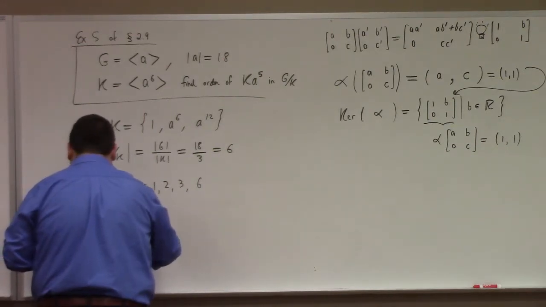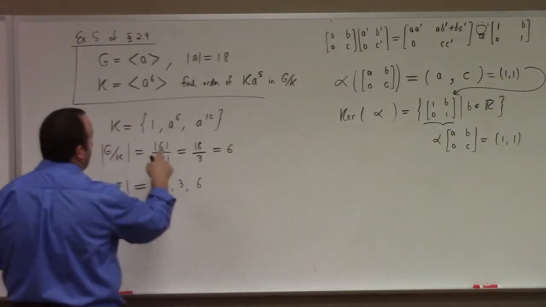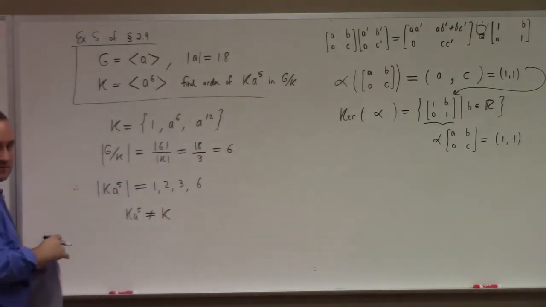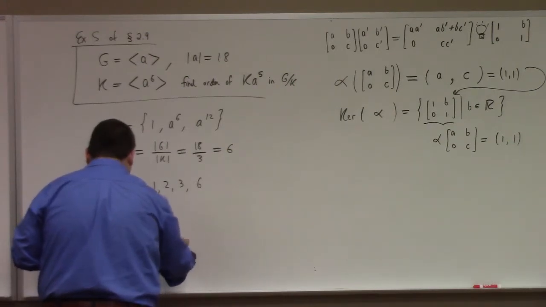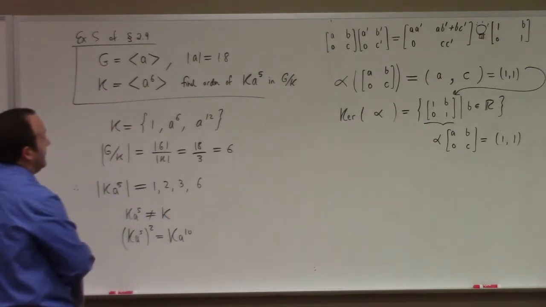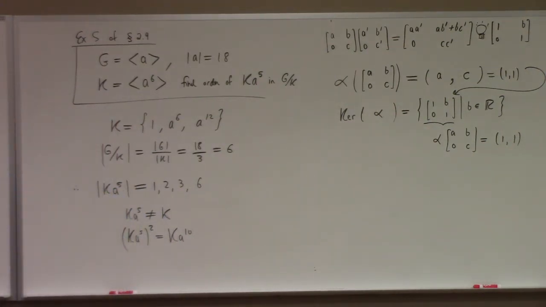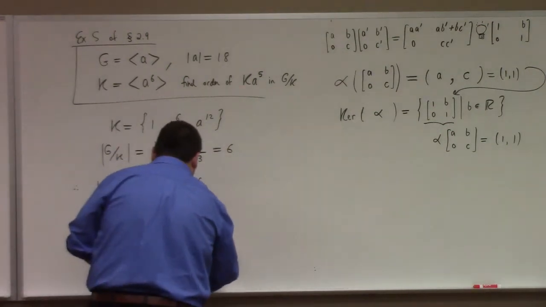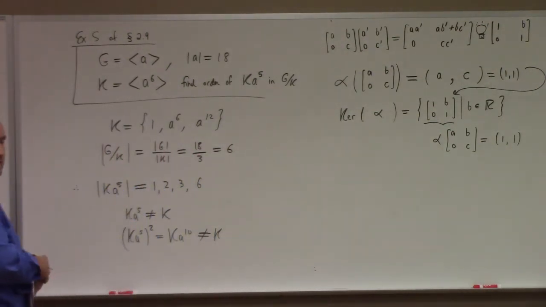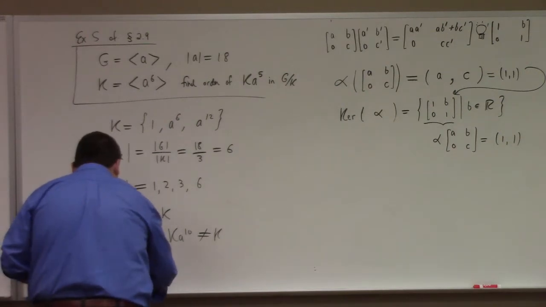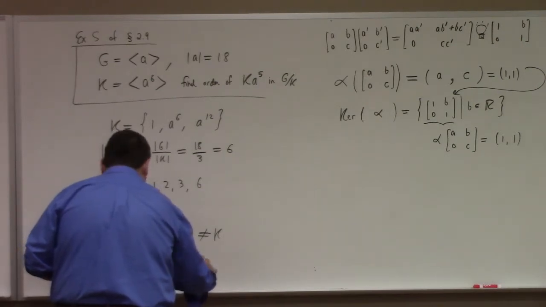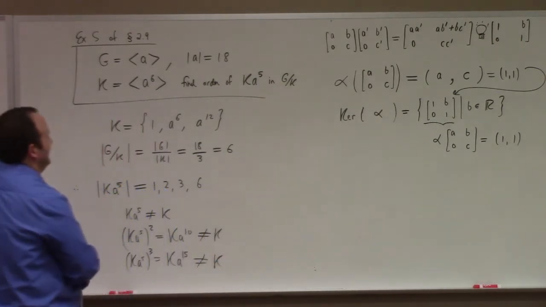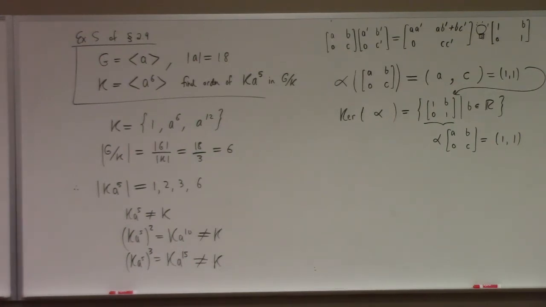KA to the 5th is not equal to K because A to the 5th is not in K. And KA to the 5th squared is KA to the 10th, which is again not equal to K because A to the 10th is not in K. And then we got KA to the 5th cubed, which gives us KA to the 15th, which is again not in K. So by process of elimination, it must be order 6.